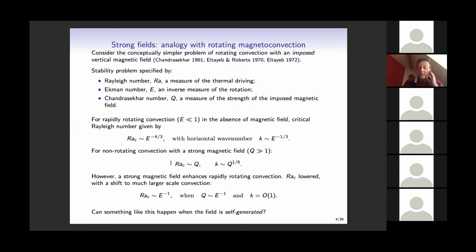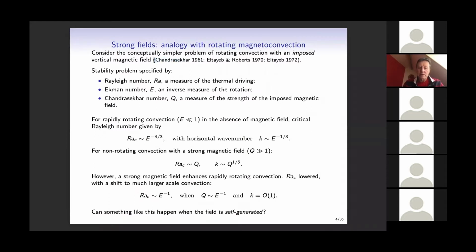So if you've got convection and you put rotation in, rotation is definitely stabilizing. If you've got convection and you put a magnetic field in, the magnetic field is definitely stabilizing. The preferred mode becomes very narrow. And the interesting point here is if you put them together, and this is in Chandra's book, he doesn't make too much play of it in his book.